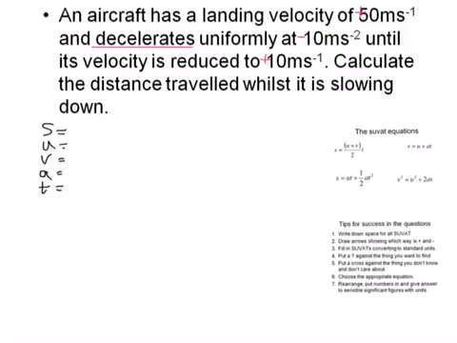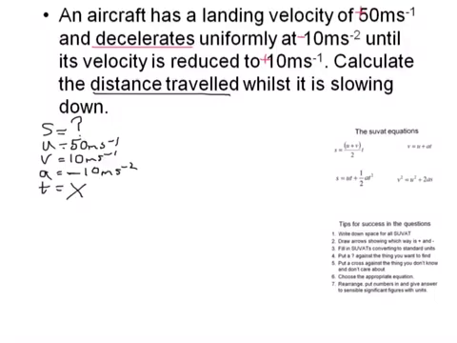So that was that our starting speed is 50 meters per second, that our final speed is 10 meters per second, our acceleration is minus, and minus is really important, minus 10 meters per second squared, and our next step was to put a question mark next to the thing that we're asked for, and we're asked for the distance travelled, so we put a question mark against the s, which means our next step is to say we don't know and we don't care about t.